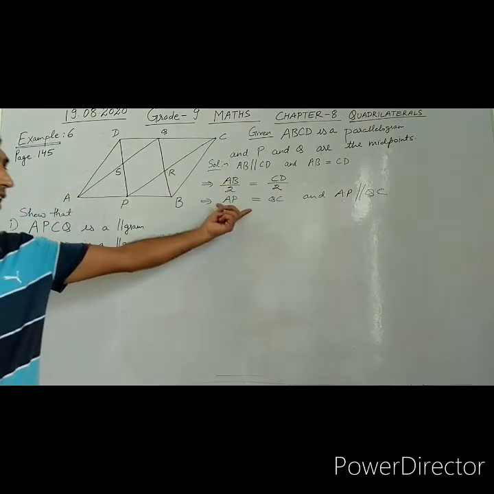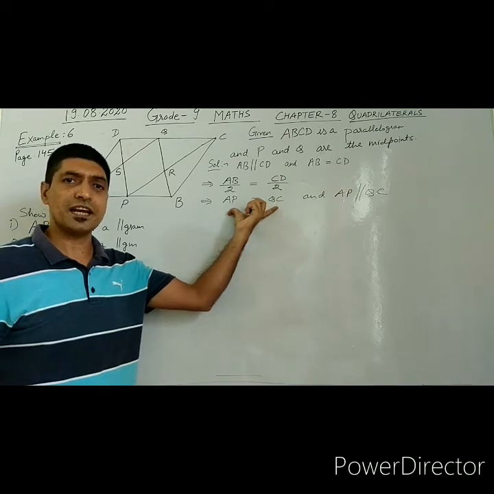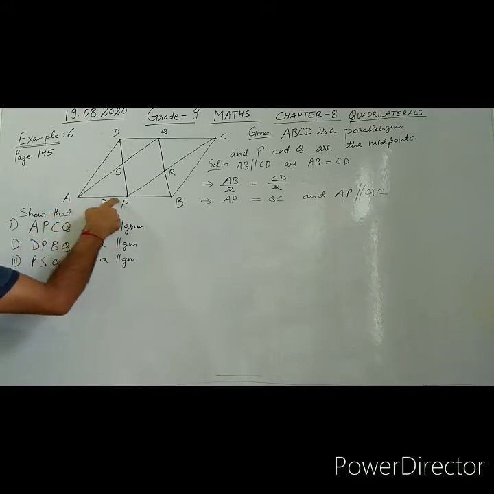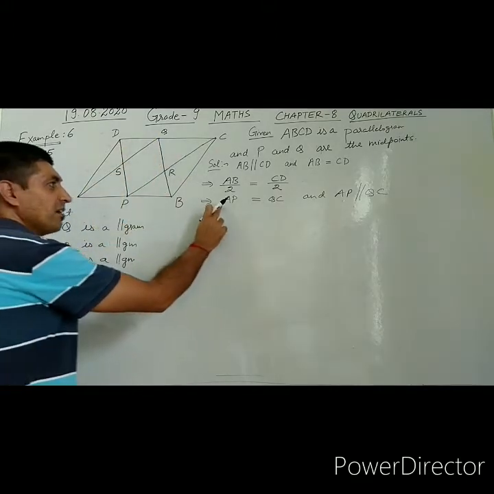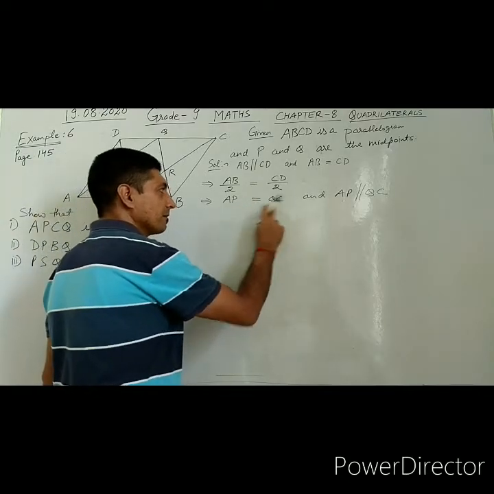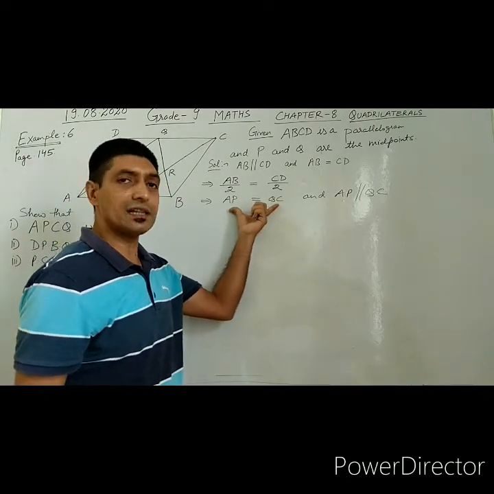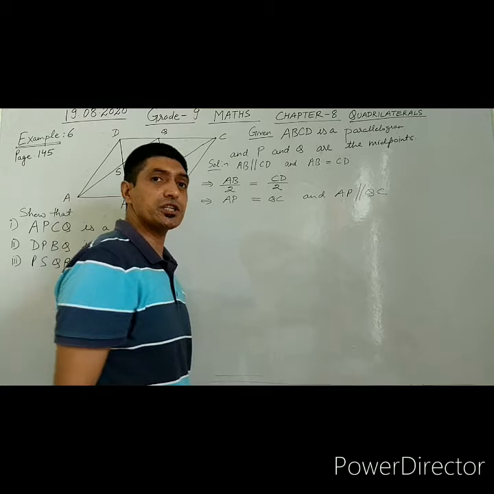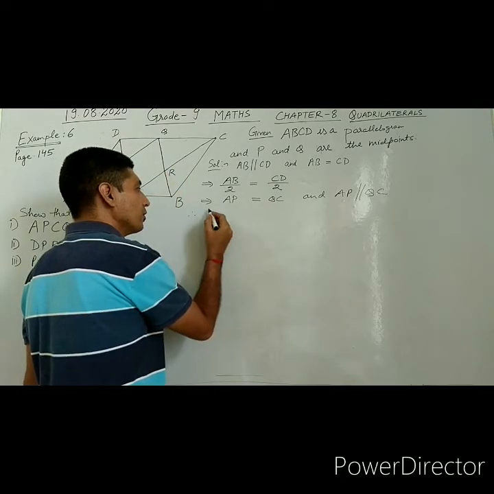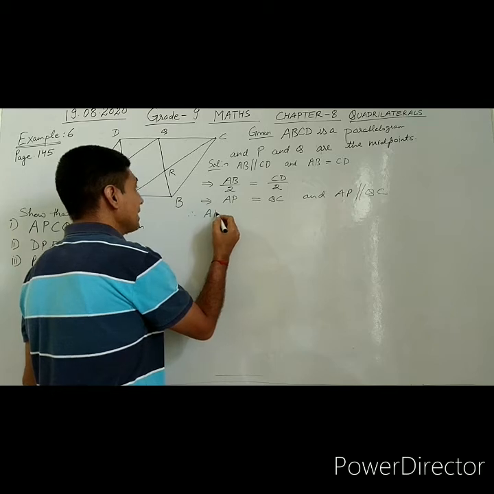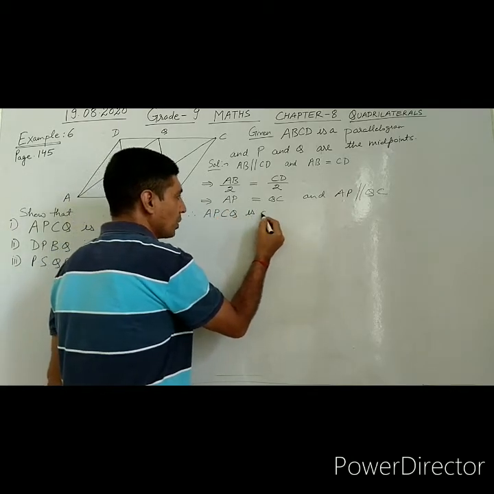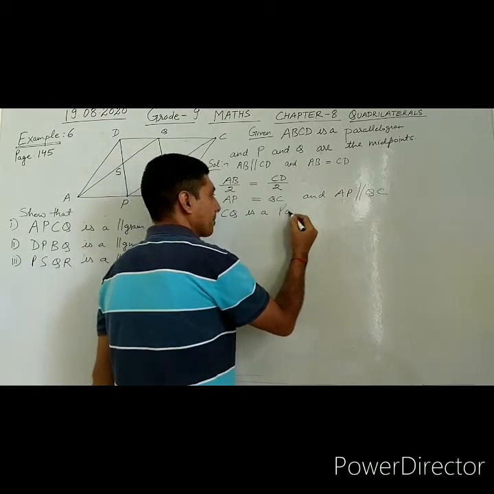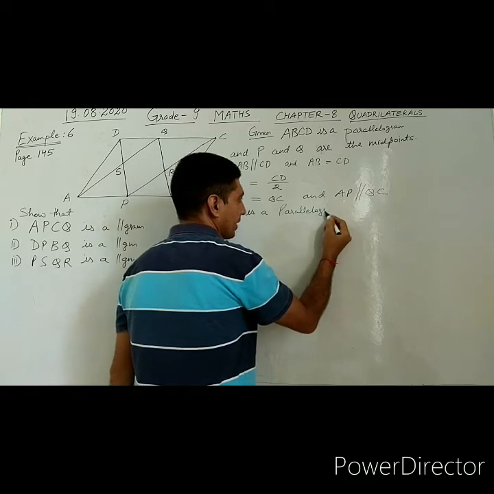Now what we have? We have the pair of sides of a quadrilateral here, that is APCQ. The opposite pair of the sides of the quadrilateral are equal and parallel. Therefore, this is the sufficient condition to say, therefore, APCQ is a quadrilateral. Sorry, this quadrilateral is a parallelogram. Right?